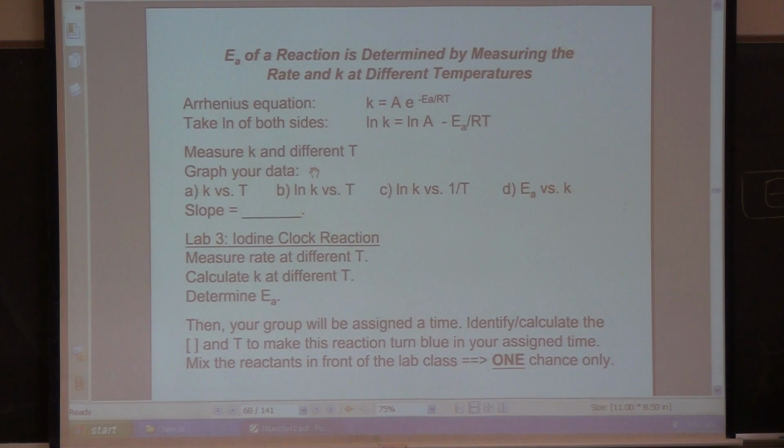So what would you plot on the x-axis and what would you plot on the y-axis based on this equation here? Would you plot k versus T, the natural log of k versus T, the natural log of k versus 1 over T, or Ea versus k?